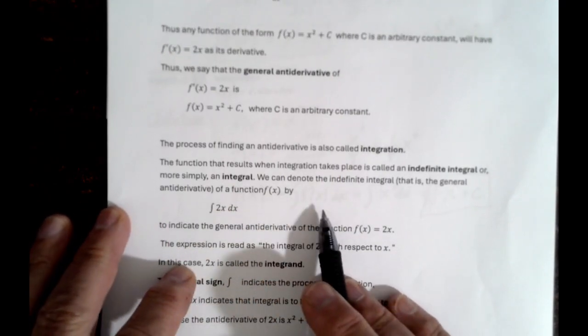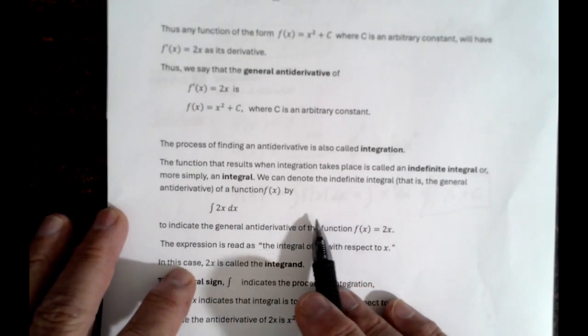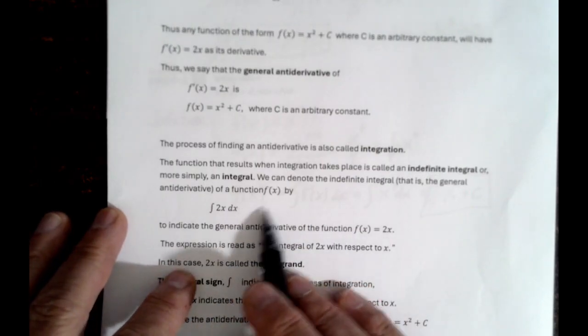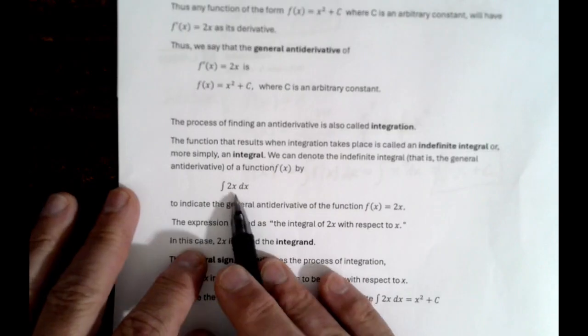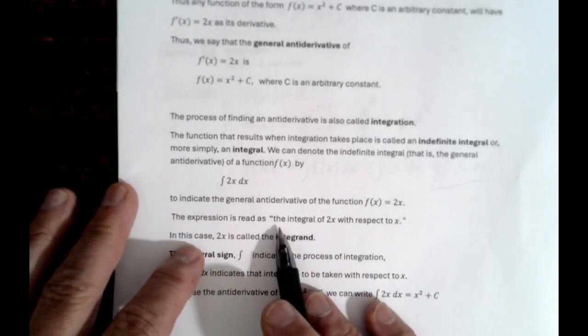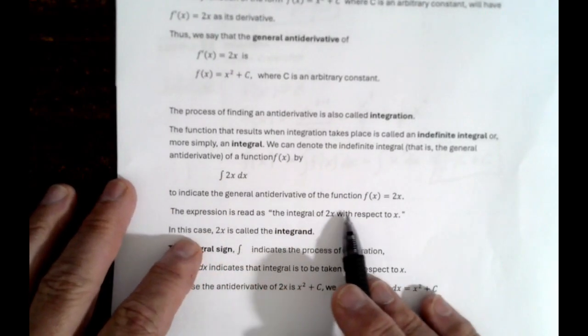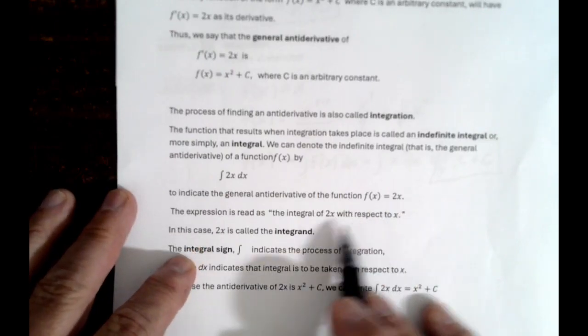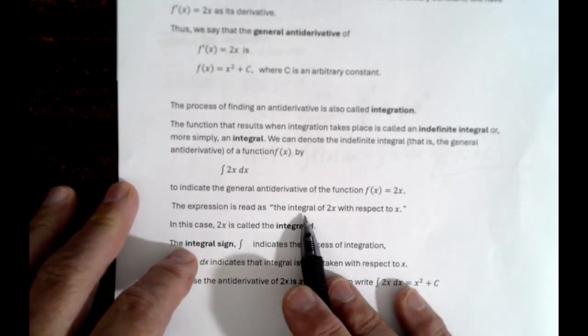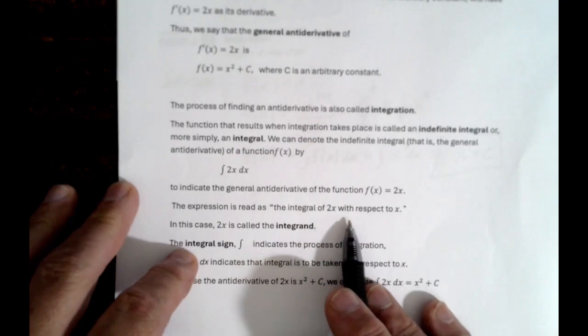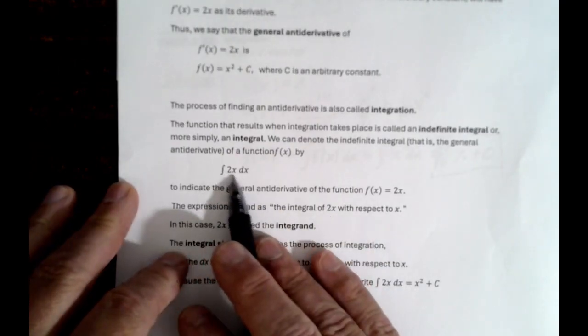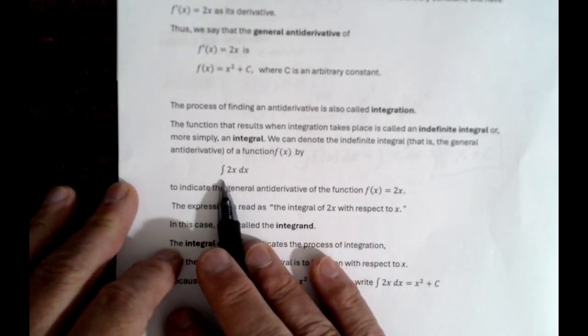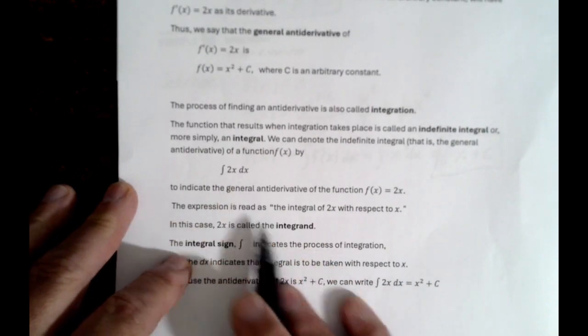We denote the indefinite integral, that is the antiderivative, of a function by this. This is the integral sign. To indicate the general antiderivative of the function f of x equals 2x, the expression is read as the integral of 2x with respect to x. That's how you read that.